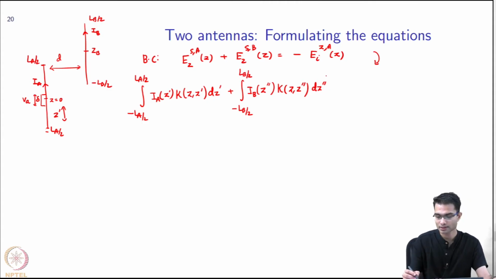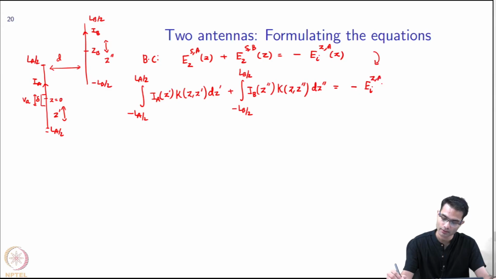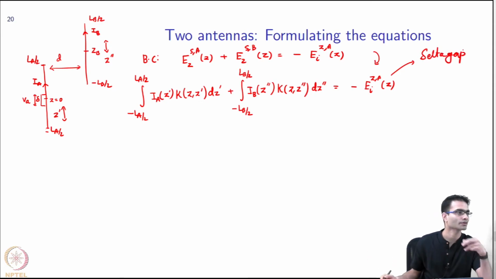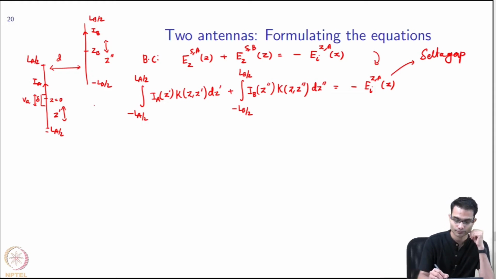This Z double prime is the relative coordinate, relative to ZB, equal to minus EI ZA Z. So, this we are assuming for example a delta gap or whatever you want, it does not matter what it is. That is my first equation.